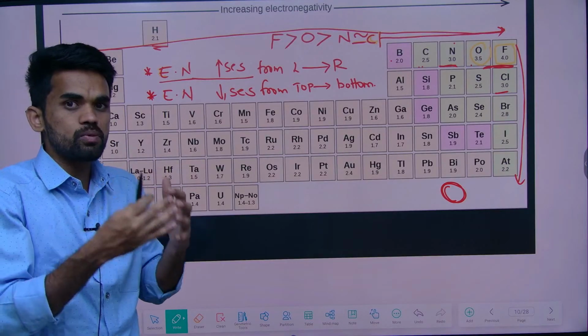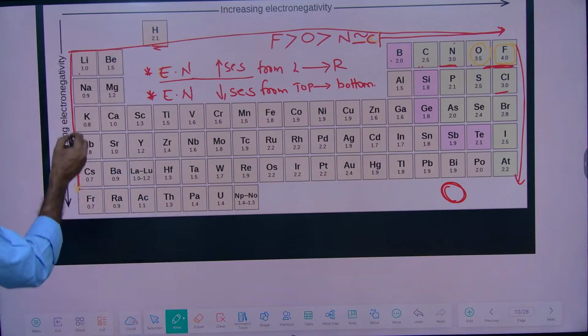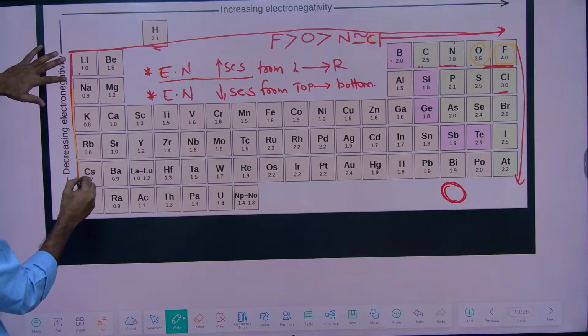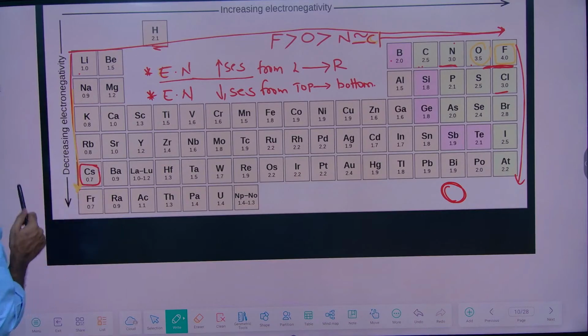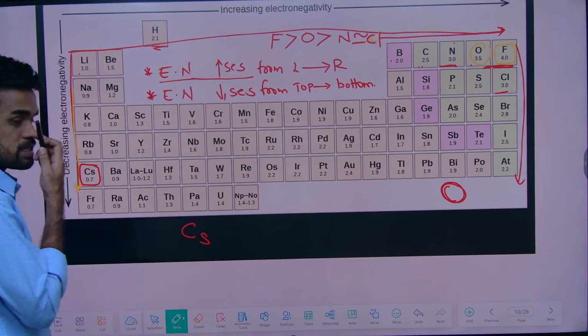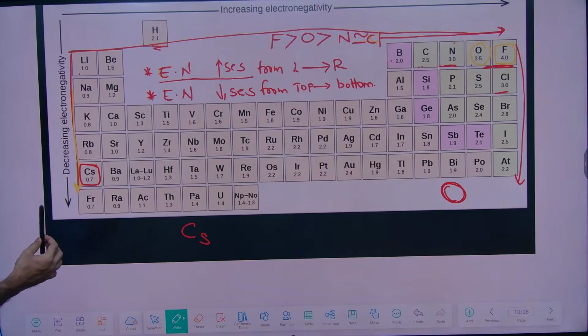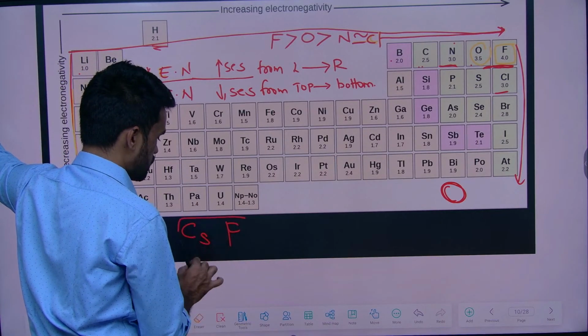So more electropositive, it has more metallic character. So if you go down the group like this, metallic nature increases. The highest electropositive element in the periodic table is cesium, and the highest electronegative element is fluorine. You can remember like this.